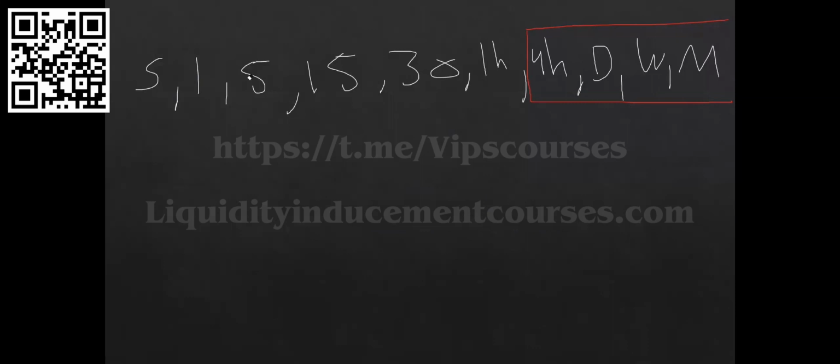So if you have a 4 hour breaker, just draw the zone. That's a 4 hour high, but then you saw a 15-minute break, a 15-minute range.